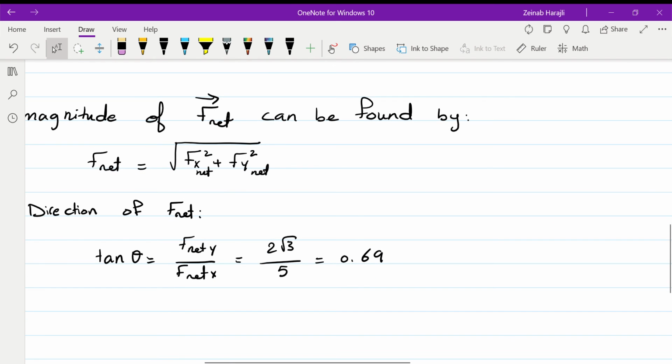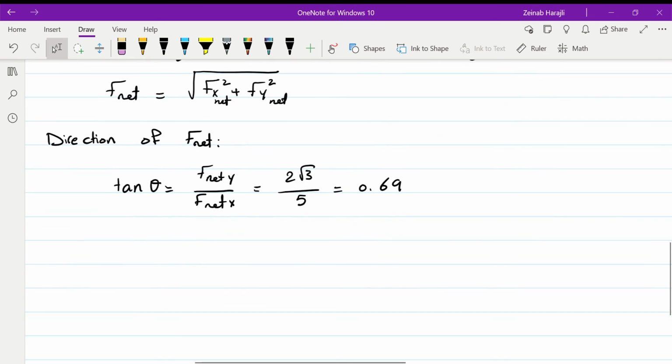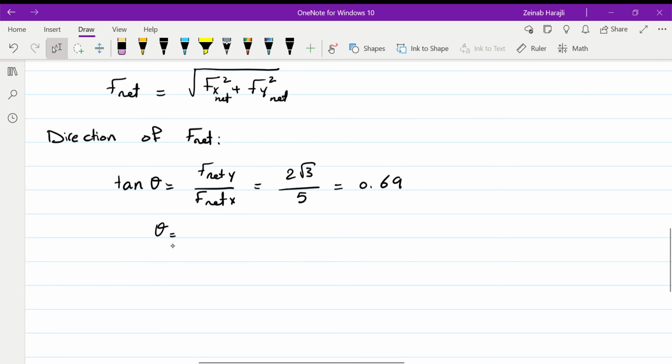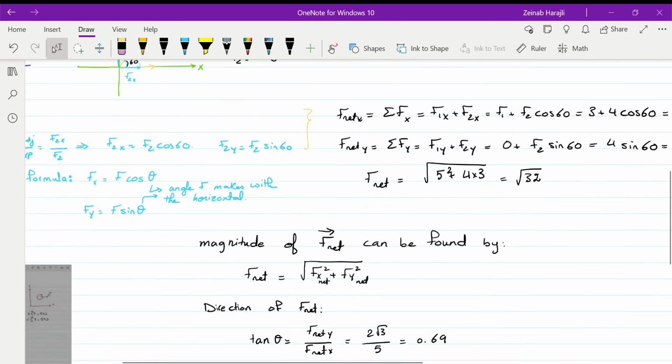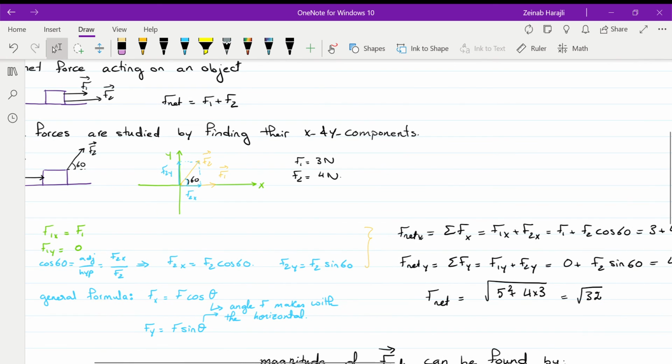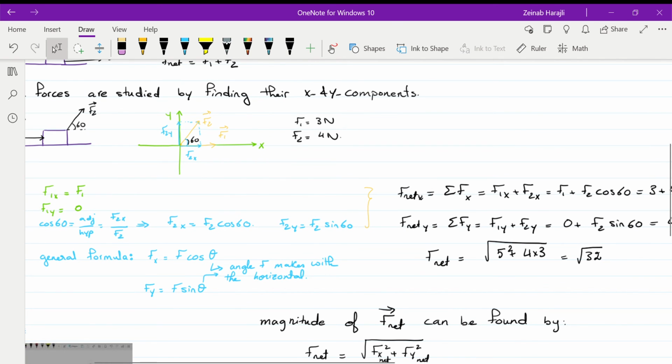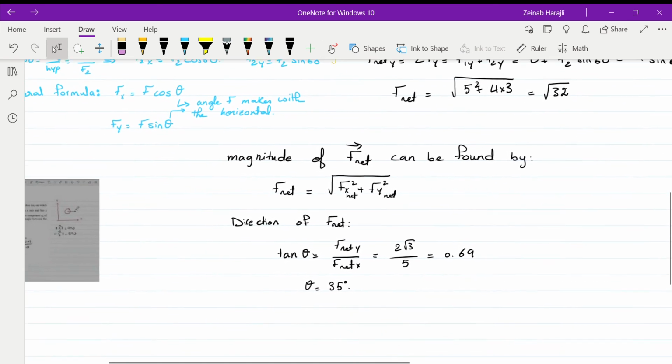And we apply the inverse of the tangent. So this will give us an angle of 35 degrees. So we basically study forces and apply x and y components, and then we apply the sum of forces to find a given net force.